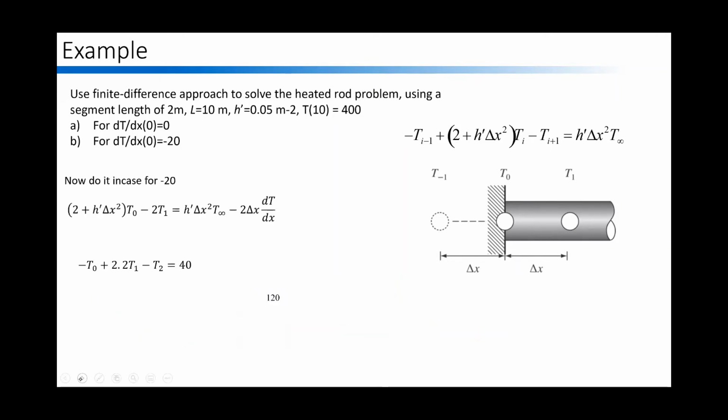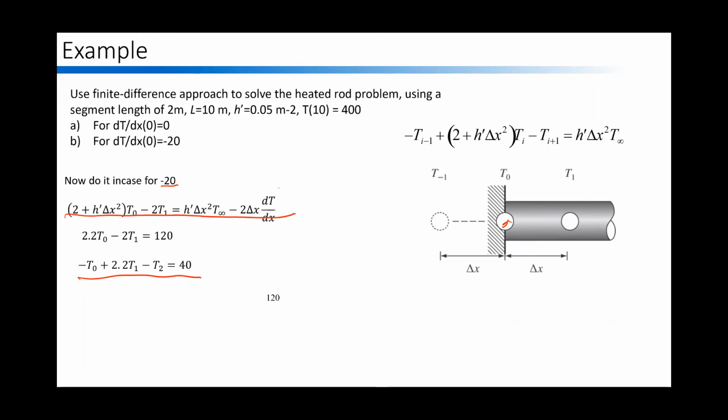Now we can look at the same thing and ask, what's going to happen when dT/dx is minus 20? I have that same initial starting problem for that end node. My interior nodes are going to look like this.